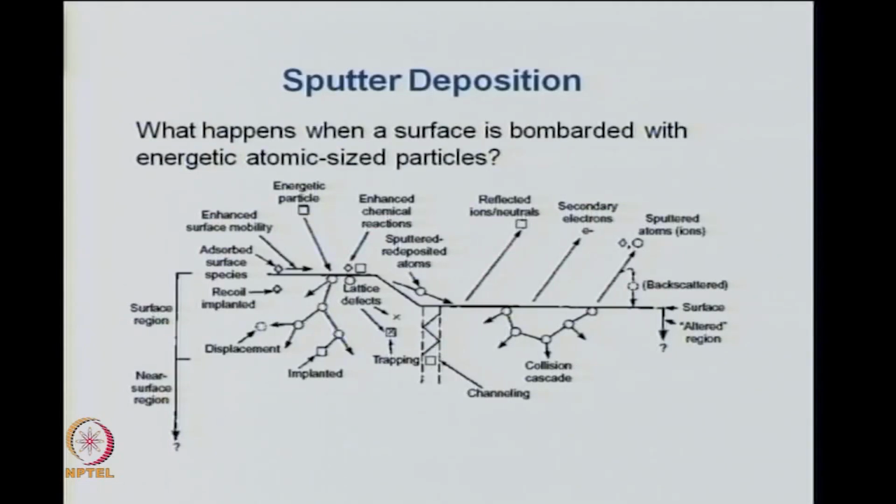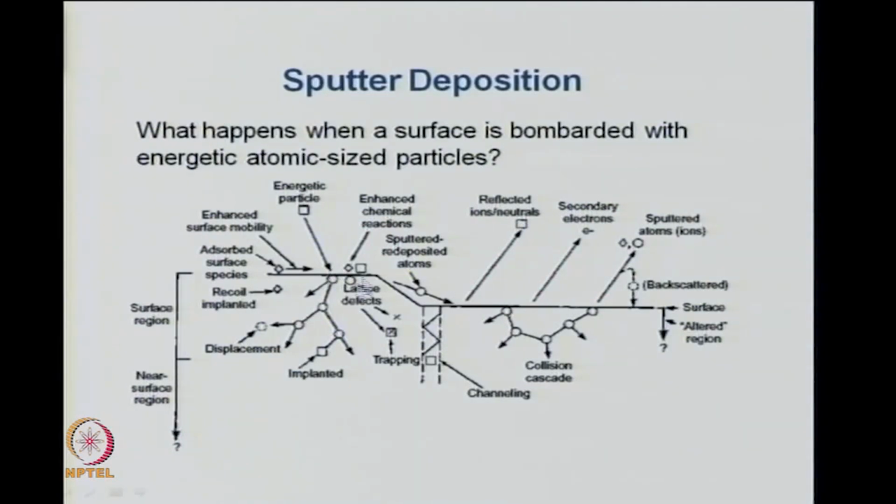Now, there are many things which happen when you are bombarding a surface during sputter deposition with energetic atomic sized particles. So, here is your energetic particle and it falls on your surface. On the surface you have, say, an adsorbed surface species, and this adsorbed species gets enhanced mobility when this energetic particle falls onto it.